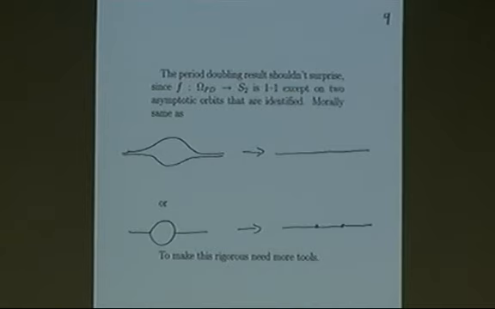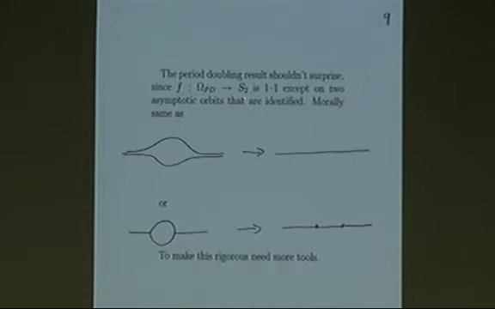Now, the thing about the period doubling being a Z in addition to the dyadic solenoid shouldn't be too surprising, because the map from the period doubling space to the dyadic solenoid is one-to-one almost everywhere.